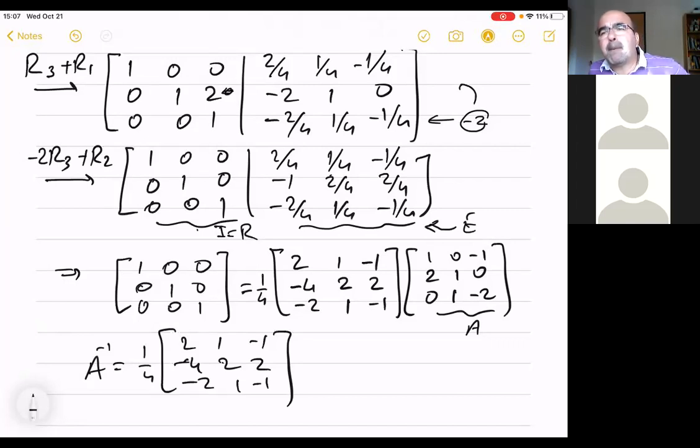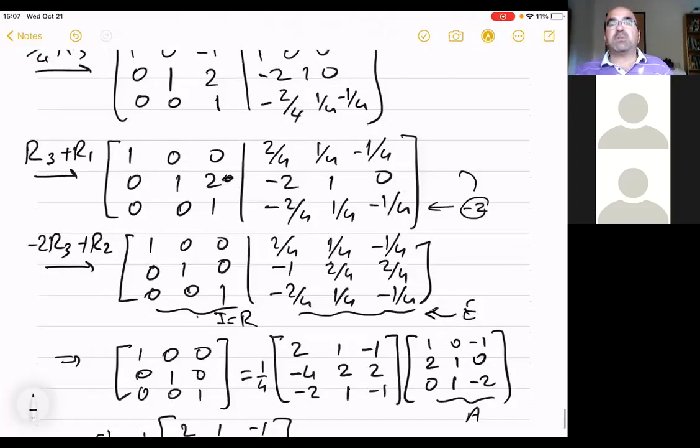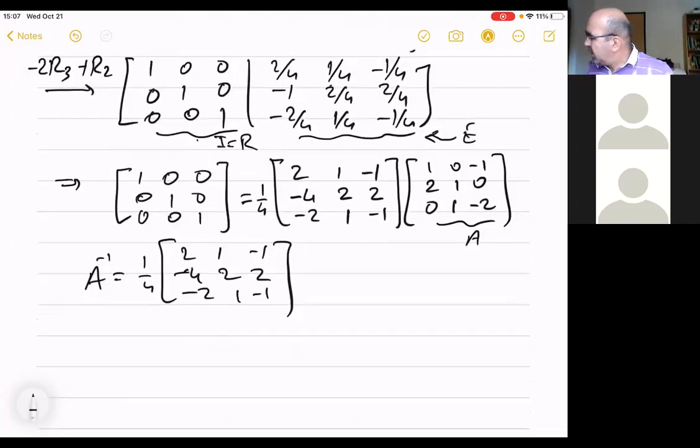I guess that was a mistake. Okay, so given a matrix A, you can find its inverse like this. The inverse may not exist, of course. Later we will see when this inverse exists or not.